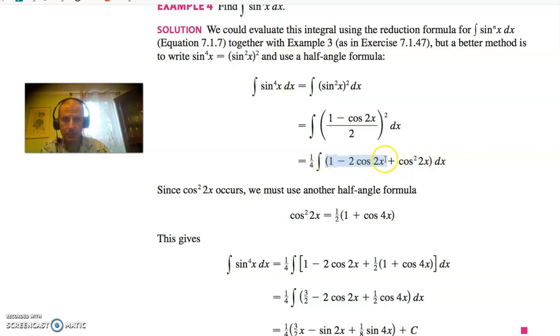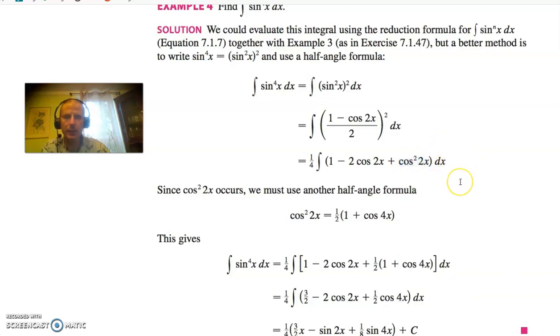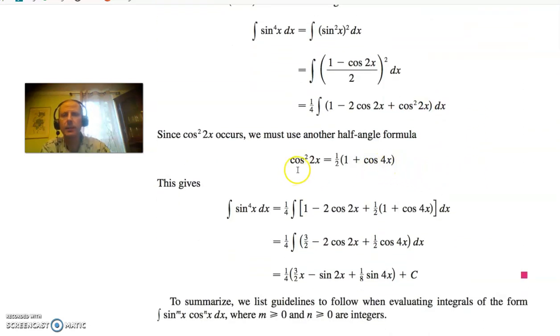Now, this stuff here, the 1 minus 2 cosine 2x, that's integrals we can do, though it does require a simple substitution. This cosine squared 2x, we can then apply a power reduction identity on it. And we get that cosine squared 2x is 1/2 times 1 plus cosine 4x, and that's a known integral, so at the end of the day, you plug it in, you get all known integrals, though you do have to do some substitution, and get your answer.